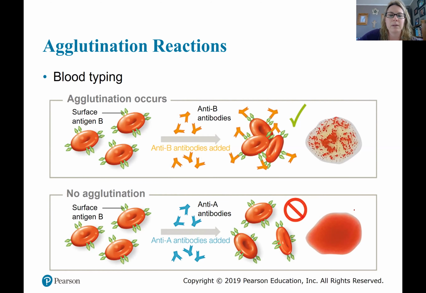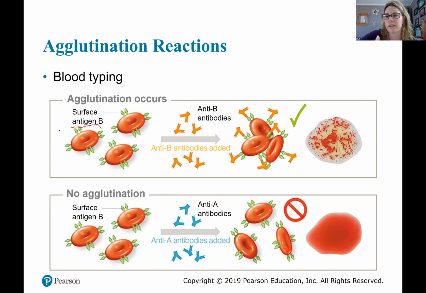So blood type. Do you know what type of blood this person has? Can you tell based on what this says? Type B, right? Has the type B antigens. And I have type B blood.